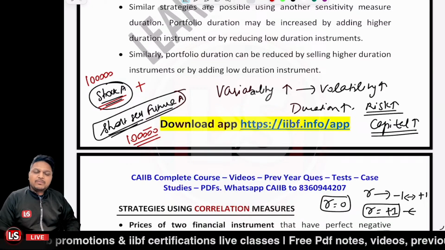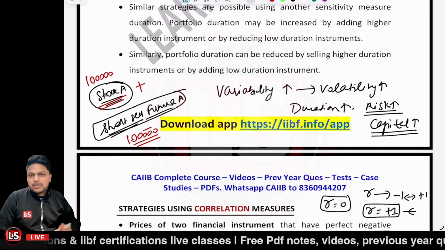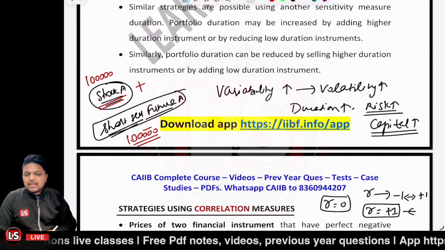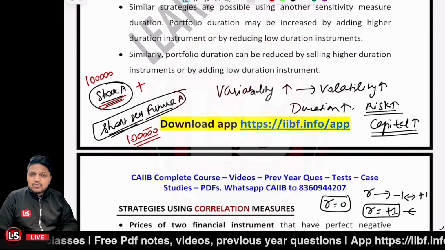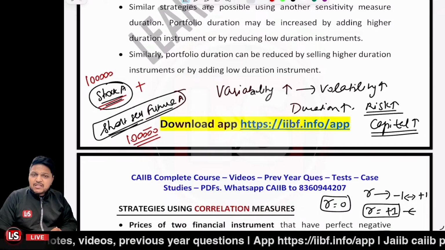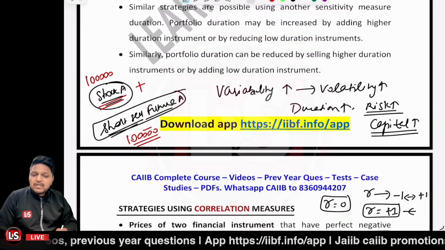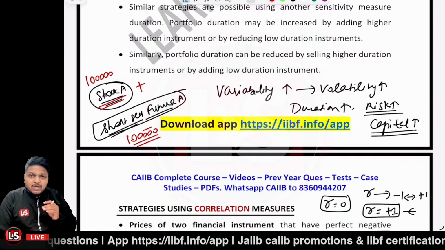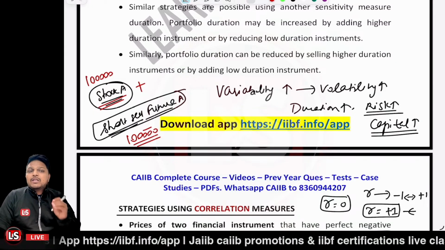Or let's say you have taken a buying position, or long position, on stock A, and a short position in the Sensex index. That will help you lower your losses.